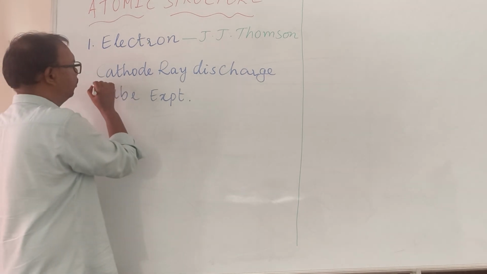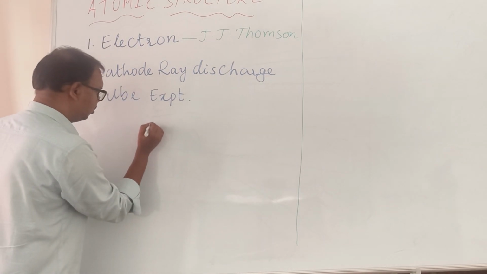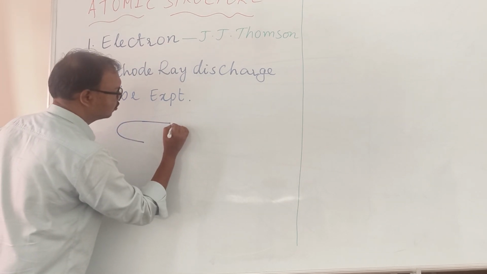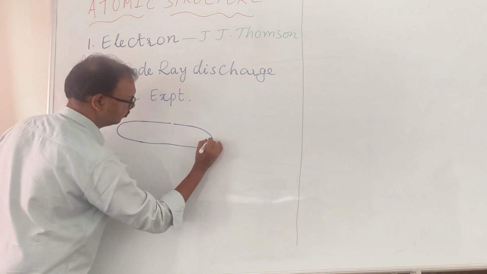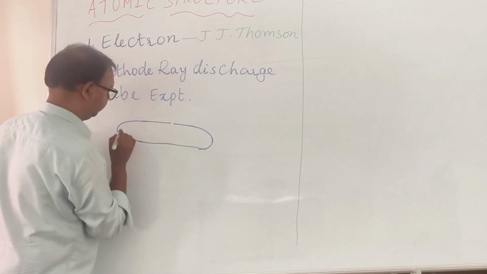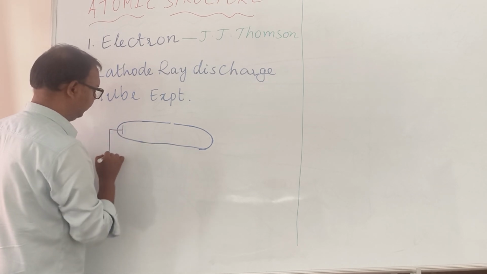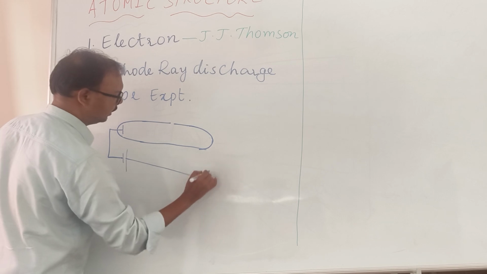What is actually a cathode ray discharge tube? Let us see here. It is a closed tube. It is connected to a battery in this manner.